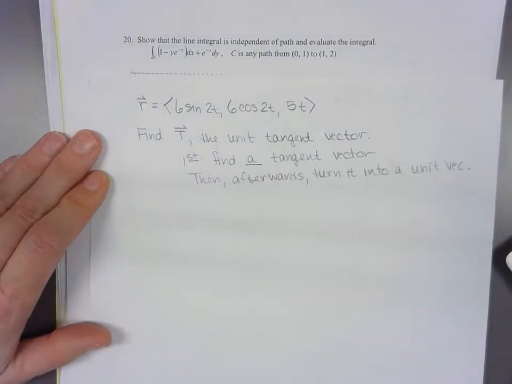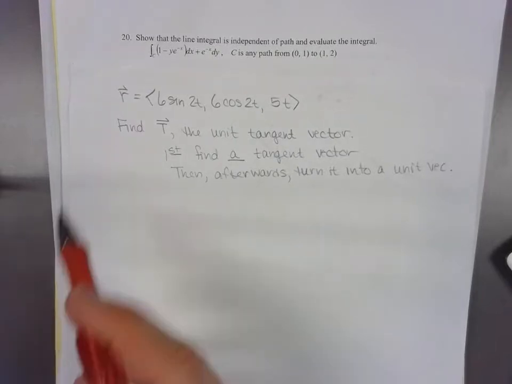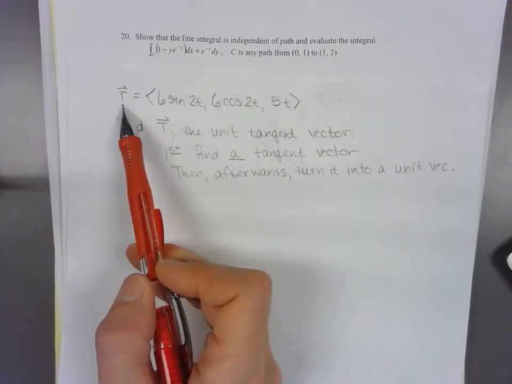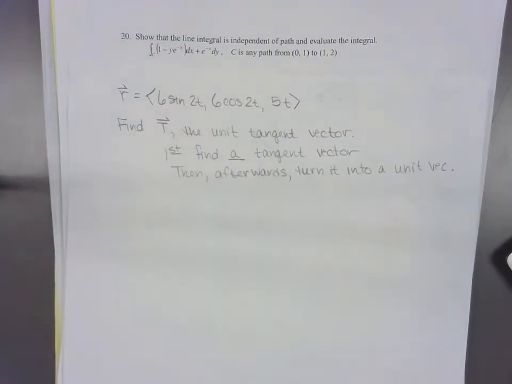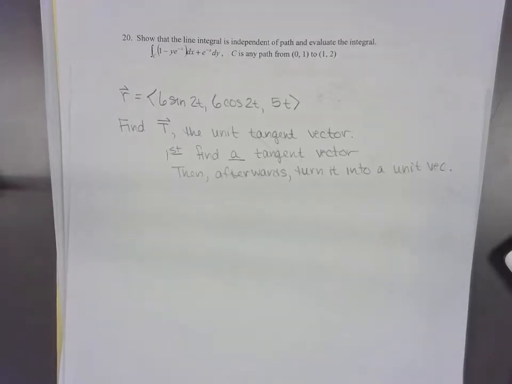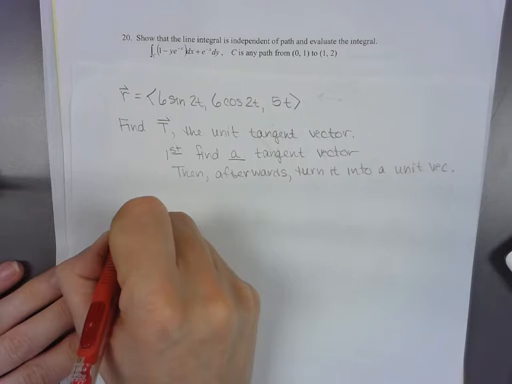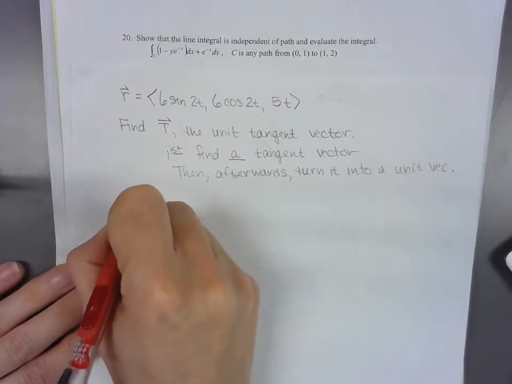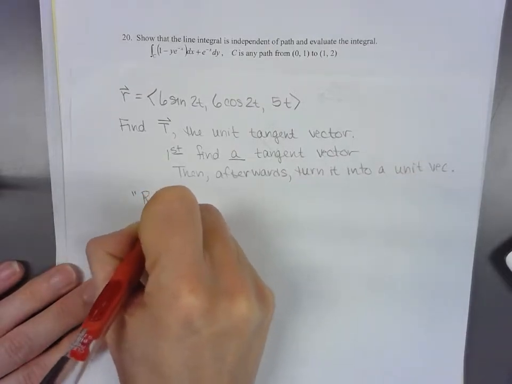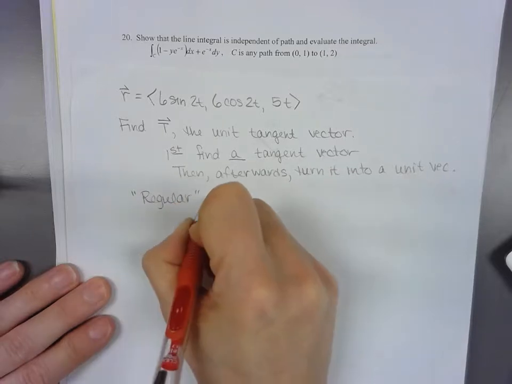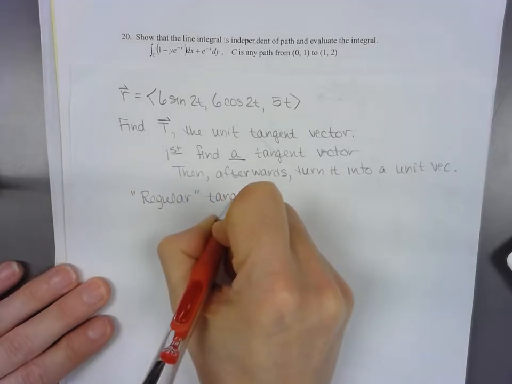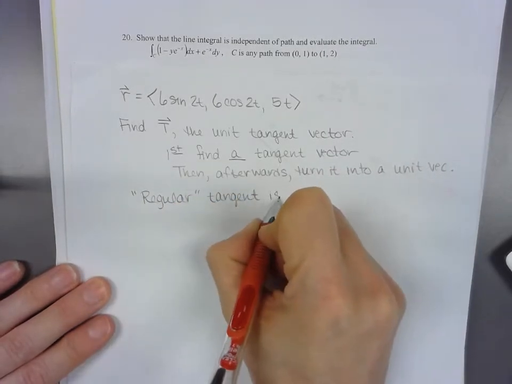If we're given the vector function, what do we do to get its tangent? Derivative, right? So the regular tangent is given by r prime.